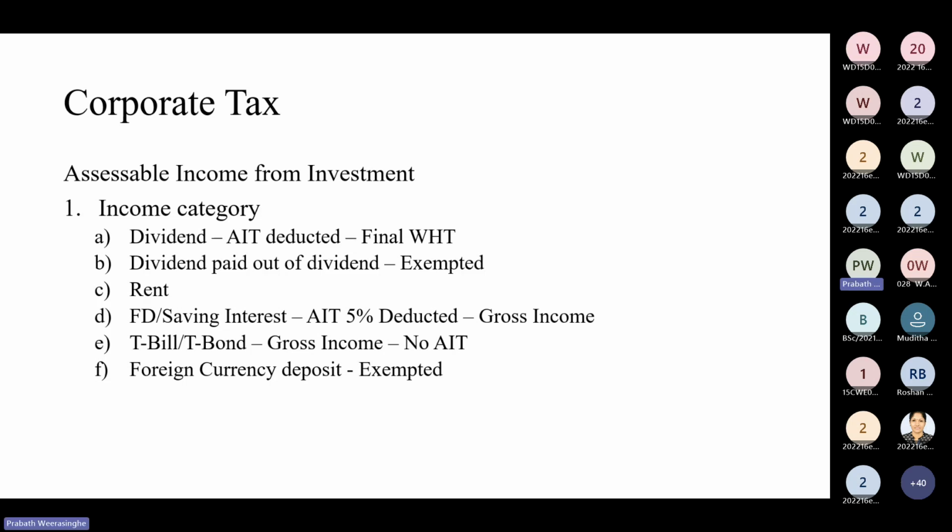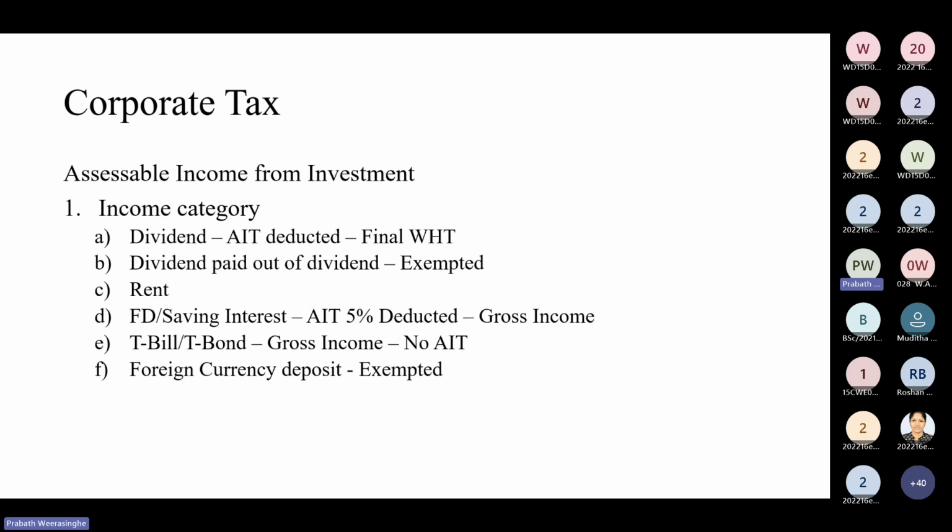Especially dividend, it is now mandatory for the distributing company to deduct advance income tax at the rate of 15%. If they have already deducted that tax, it shall be treated as final withholding for the recipient company. Or dividend paid out of dividend: the company that received dividend has redistributed it, so the second distribution is exempt income to the recipient, right?